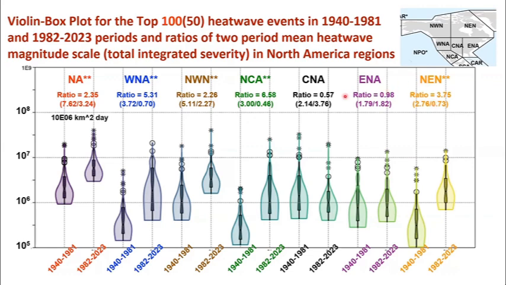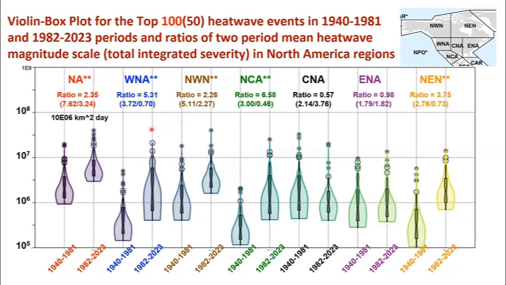Again, similarly, if you look at the whole area and take each period, the top 100 for the whole area or the top 50 events for individual regions, since here it's not about frequency, I want to compare the attributes. So I control the top numbers for the comparison.